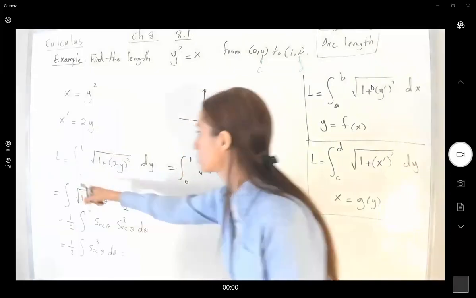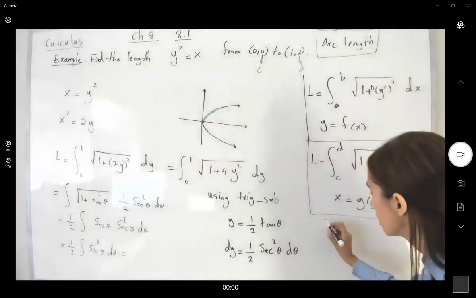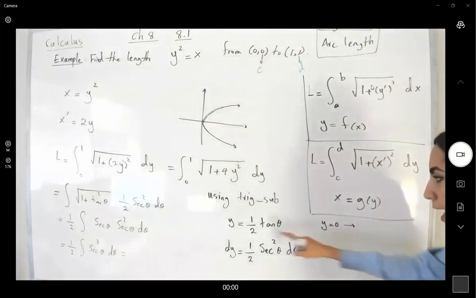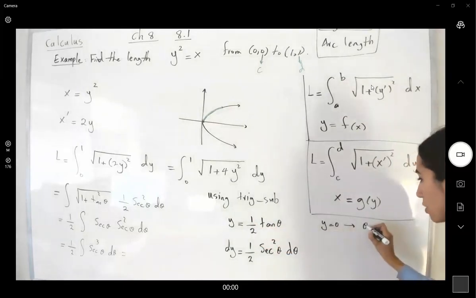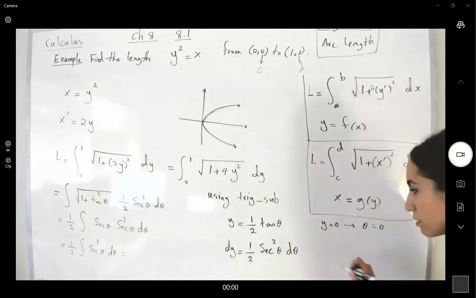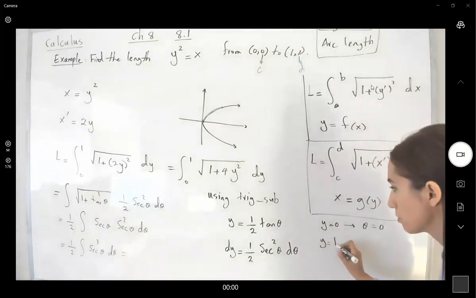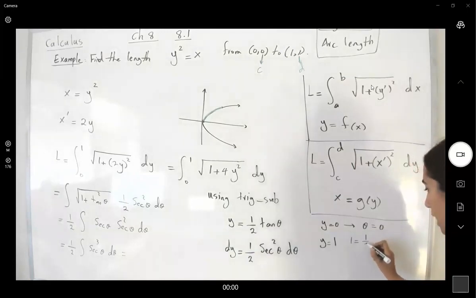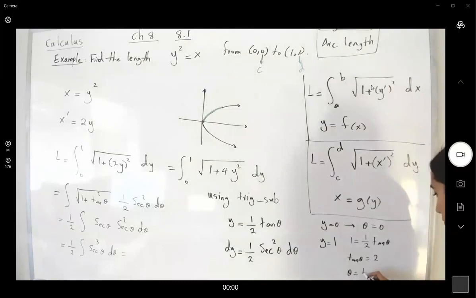So if you plug in 0, if y is equal to 0, then a half tangent theta is 0, tangent theta is 0, or theta is 0. If y is equal to 1, here you get 1 equals a half tangent theta, or tangent theta is 2, or theta is inverse tangent of 2.